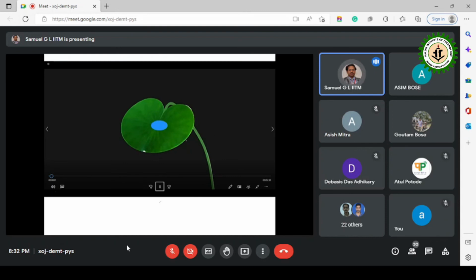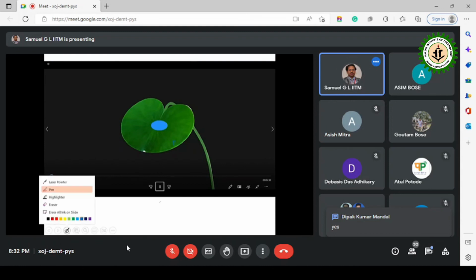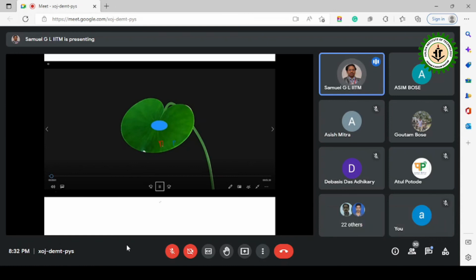So what is going to happen is this surface has beautiful micro pillars. They'll be very thin. Usually, if it is a plain surface and you put the water droplet, it will spread like this and then it gets wet.